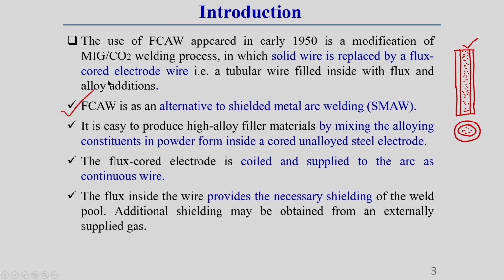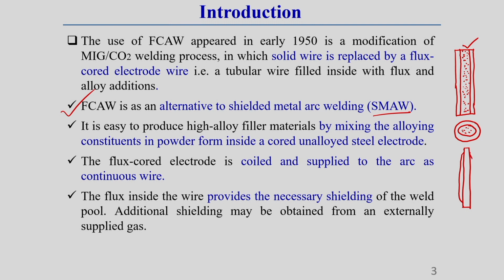We can say this flux core arc welding process is an alternative to the shielded metal arc welding process. What I am telling, understand? Why is it an alternative? Because in the case of the shielded metal arc welding process, this is the electrode, and on the outside of this electrode a flux cover is generally used.